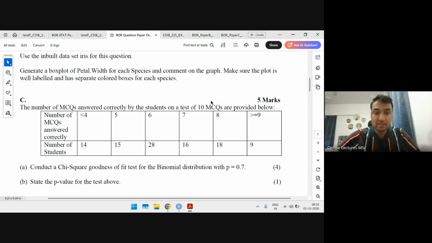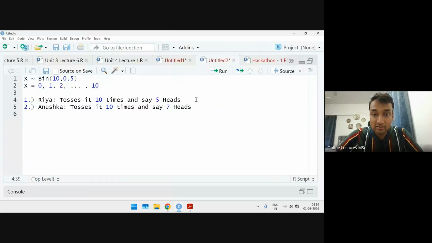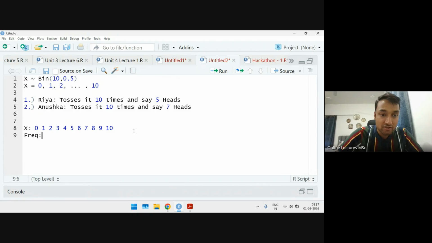If I were to plot a distribution of how many students got how many heads: since Ria got 5, Ria's frequency corresponding to 5 on my X variable would be 1. Since Anushka got 7, Anushka's frequency with respect to 7 would be 1, right?